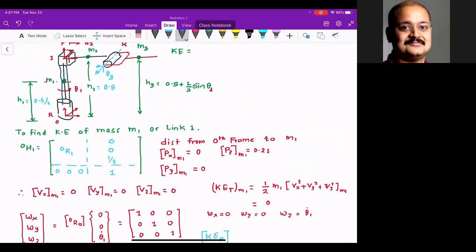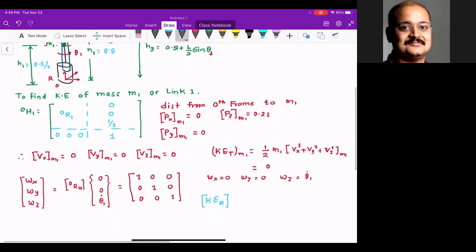This is not a point mass, but this is actually a link. And this link has its own Ixx, Iyy, and Izz. In other words, the link has its own mass moment of inertia about x-axis, mass moment of inertia about y-axis, and mass moment of inertia about z-axis. Now, the question here is, let me write this expression down and then we will see how do we find that out.